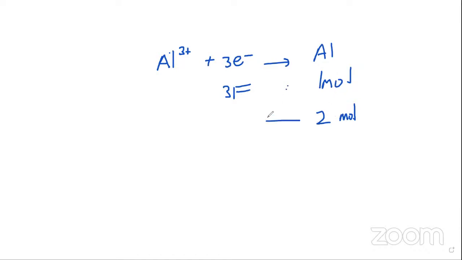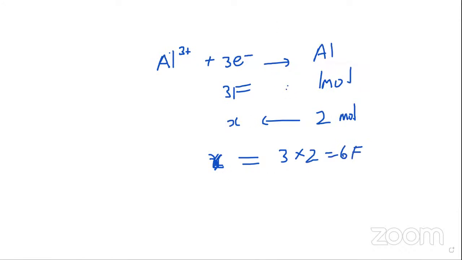If we double the number of moles, then we have to double the number of Faradays. So X will be equal to 6 Faradays.